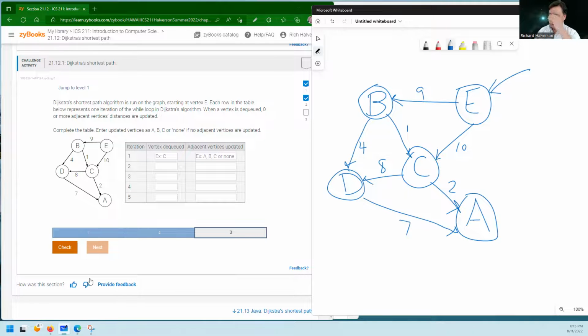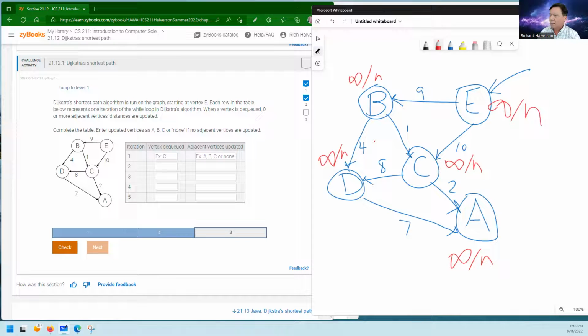So the first thing is we're going to set all of the distances. I'm going to start with red here. They're all infinity, null; infinity, null; infinity, null; infinity, null; infinity, null; and infinity, null.